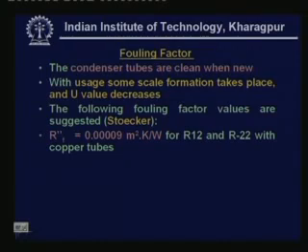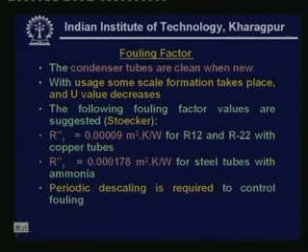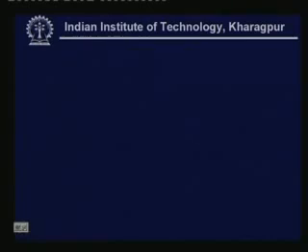For example, the fouling factor is 0.00009 meter square Kelvin per watt for fluorocarbon based refrigerants with copper tubes, and 0.000178 meter square Kelvin per watt for steel tubes with ammonia. Periodic descaling is required to control fouling. So from time to time you have to shut down the plant and clean the tubes.